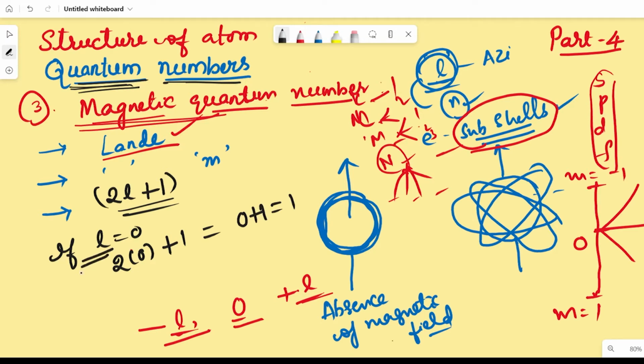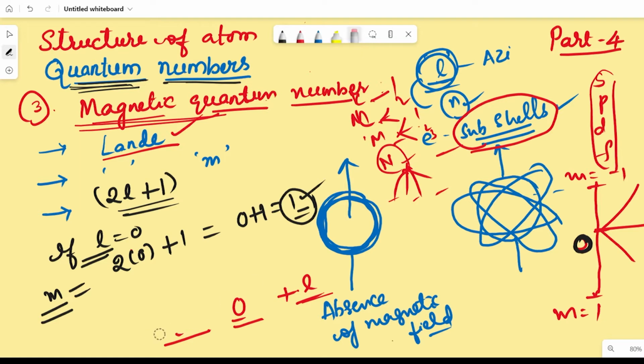Means if l value is 0, m has 1 value. The 1 indicates that m has only one value, which is 0, indicating only one orientation. That is why its value is 0.